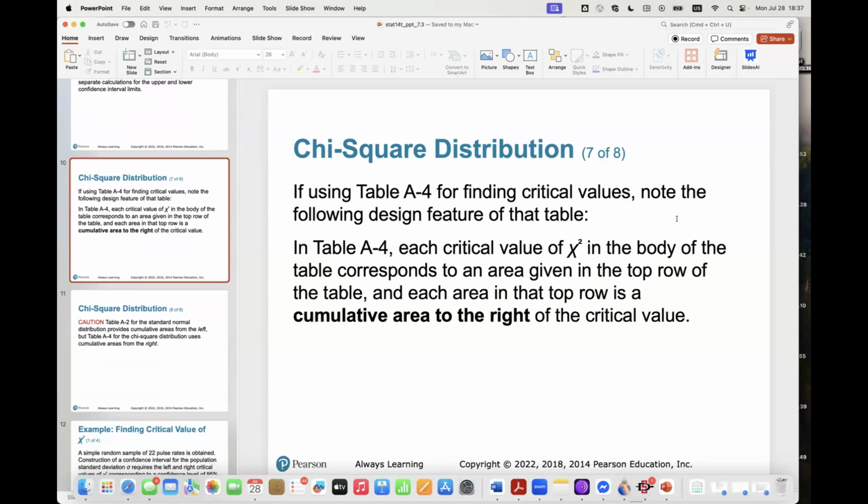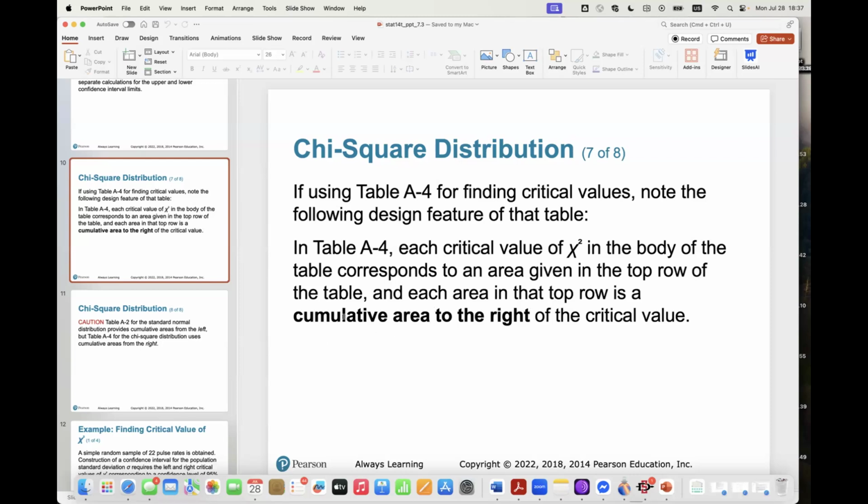And note the following design feature of that table: each critical value of chi-square in the body of the table corresponds to an area given in the top row of the table, and each area in that top row is a cumulative area to the right of the critical value.